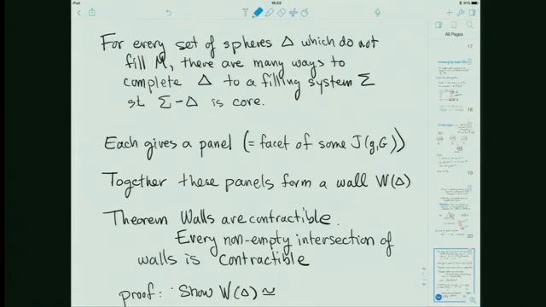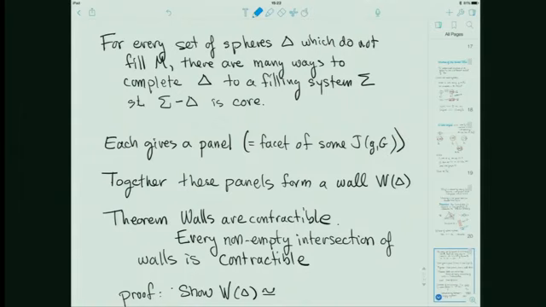So for every one of these systems, I can cut open my manifold along this set of spheres and look at all possible ways of adding more spheres to get a graph. And each of those graphs will give me a facet of a joule, a panel.